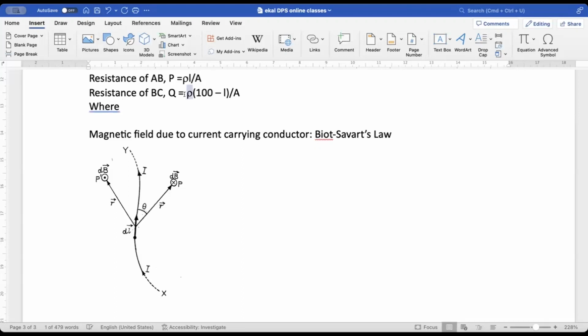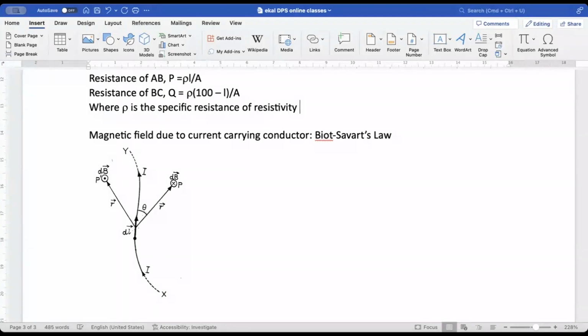Rho is the specific resistance or resistivity of the material.